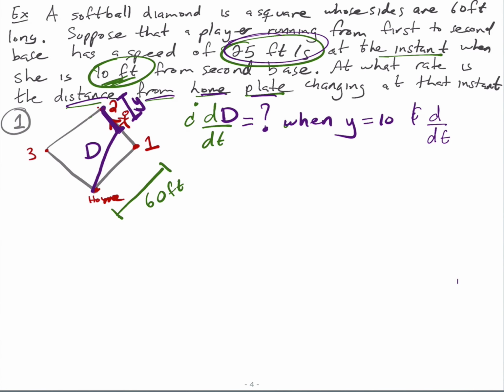Isn't that, so that distance Y that you see, as the player runs, Y is changing directly, right? So the derivative of Y with respect to t is 25, but it's actually minus, right? Because Y is decreasing. Does that make sense?